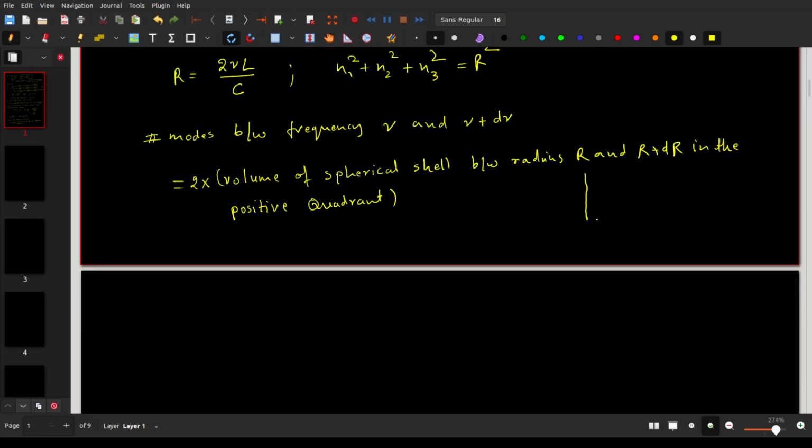So in the momentum space, this is our spherical shell between these two radii r and r plus dr, and the volume of this spherical shell will give the number of modes between frequency nu and nu plus d nu.